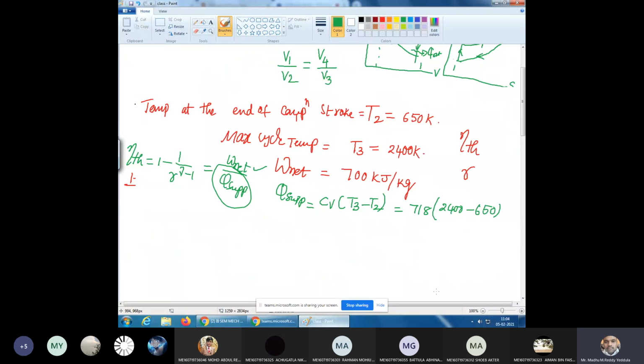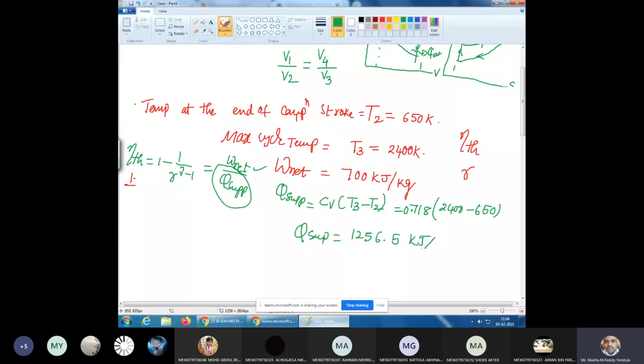Therefore, you will get heat supplied in terms of joules per kg. Work done is given in terms of kilojoules per kg. Let us take it as 0.718 instead of 718, because the work done units are in kilojoules. Therefore, we will calculate heat supplied also in terms of kilojoules per kg. Tell me the value of heat supplied. Sir, 1256.5 kilojoules per kg, right?